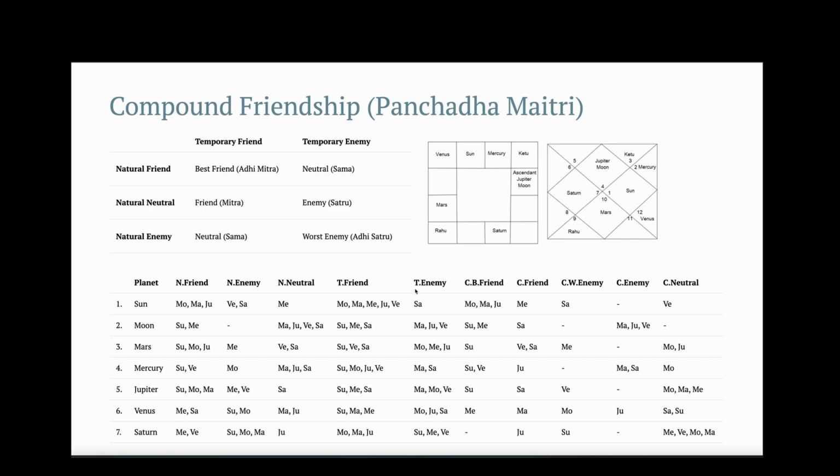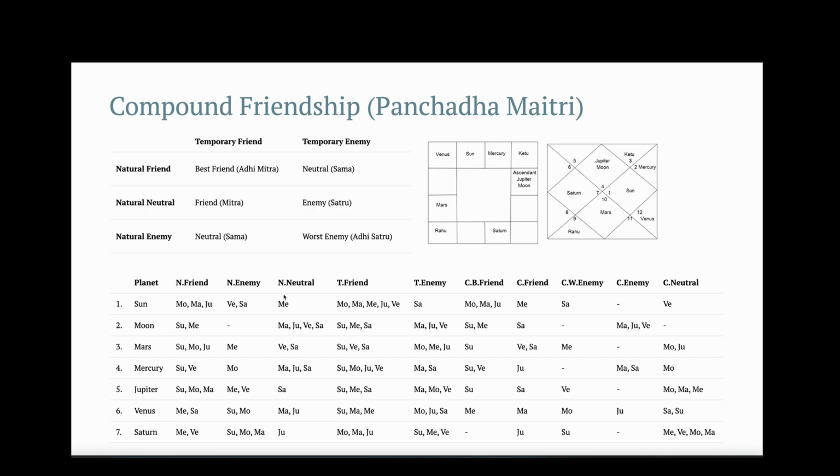Here we have the universal natural relationship, and over here the temporary friendship and enmity. Based on these two data, we will calculate the compound relationship between planets. CV friend means compound best friend, C friend means compound friend, CW enemy means compound worst enemy, C enemy means compound enemy, and C neutral means compound neutral.